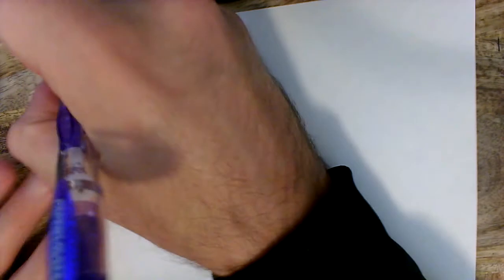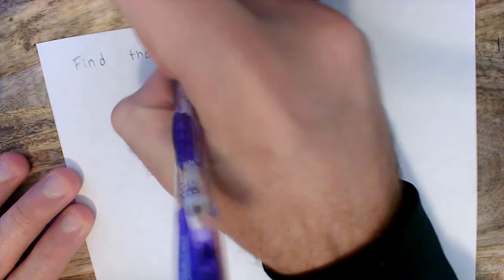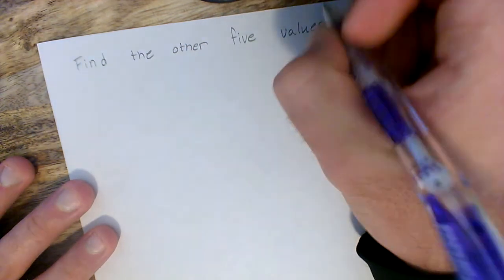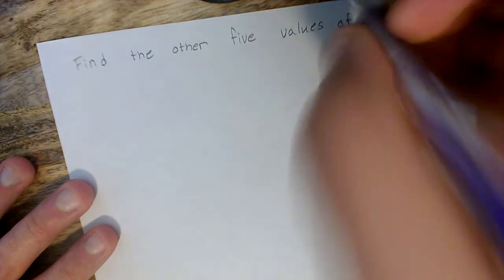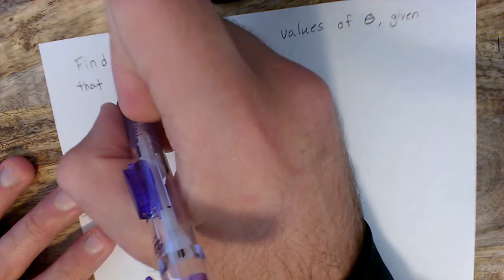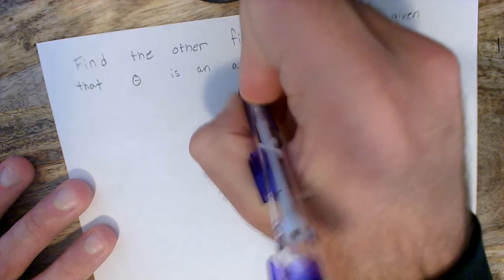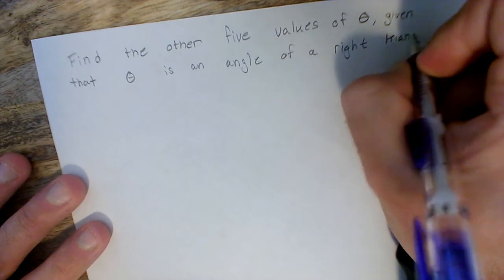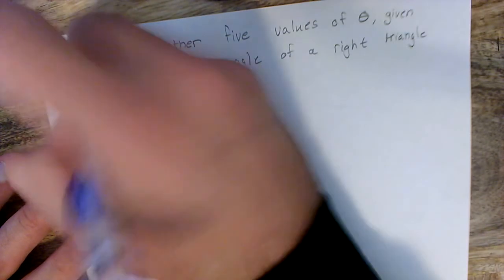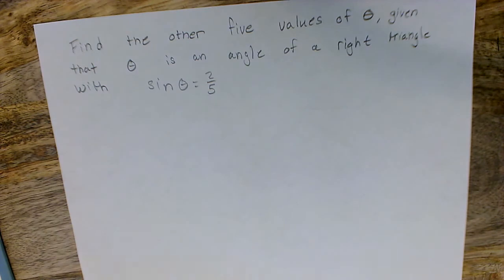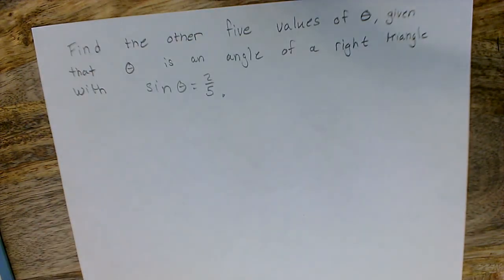Okay, so now another example. The problem is: find the other 5 values of theta, given that theta is an angle of a right triangle with sine theta equal to 2 over 5.